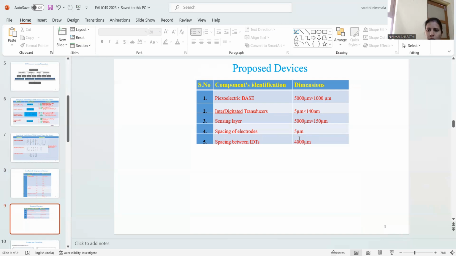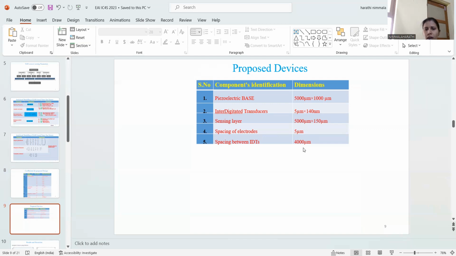The electrode spacing is 5 micrometers, and the space between the two electrodes, that is the input IDT and the output IDT, is 4,000 micrometers here, which we call the pitch.